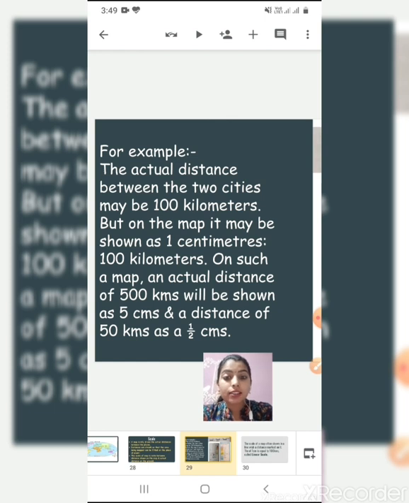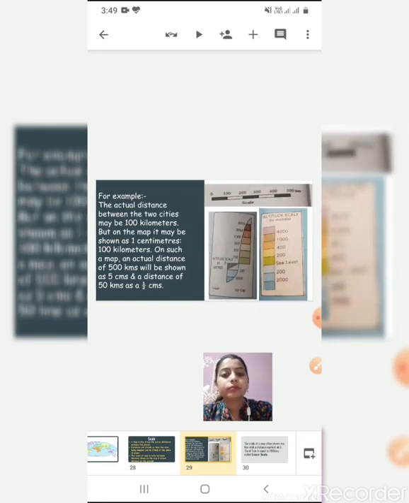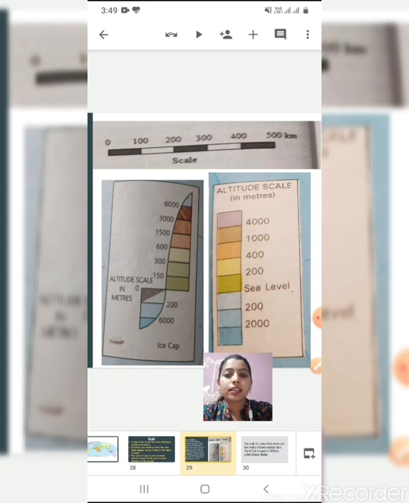Alright, this shows how much the area is shrunk so that the particular area fits on the paper. This is the scale. See, this is 500 kilometers, but the distance between 0 and 100 is 1 centimeter. The distance between 100 and 200 is again 1 centimeter. So it is equal to 100 kilometers. And there is also an altitude scale, which is given in meters.